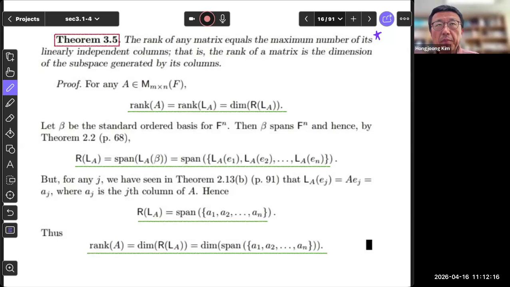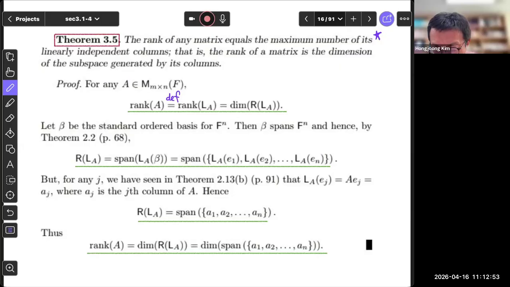First of all, for any matrix, as I said, the rank of a matrix is defined by the rank of the left multiplication operator, and the rank of a linear transformation is defined by the dimension of the range of this mapping. So the rank of A, the rank of L sub A, and the dimension of the range of L sub A, they are all equal.